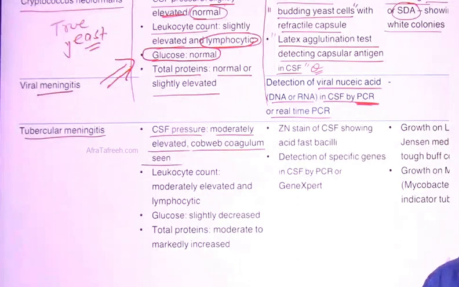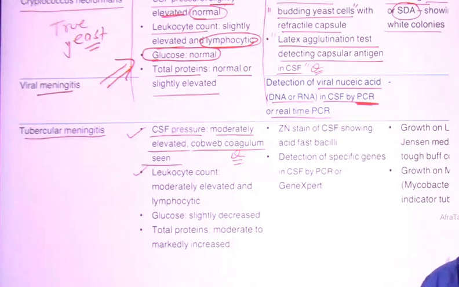It looks like a cobweb. This used to be the main feature to make the diagnosis of tubercular meningitis, but nowadays you have PCR and all that, so it is less emphasized, but still they can ask you. The cobweb coagulum is observed in tubercular meningitis.